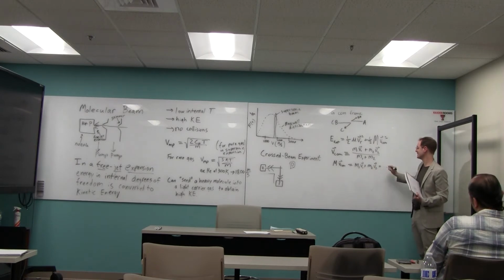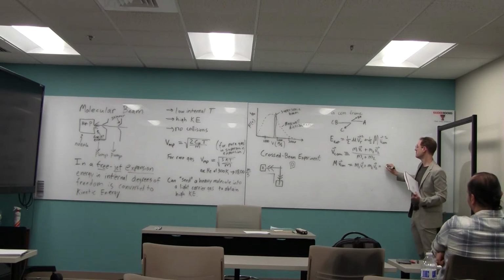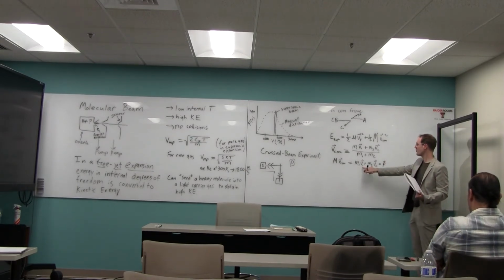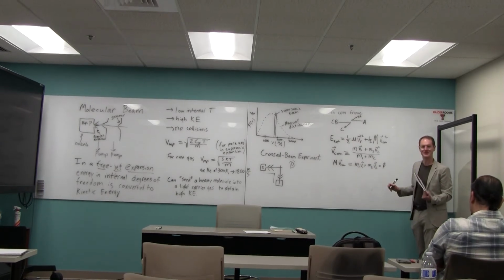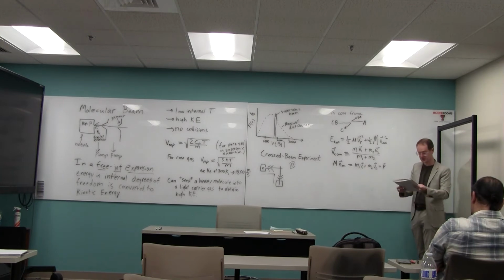What is this quantity? Momentum. This is the total momentum of the system. If your system is particle 1 plus particle 2, then this is the momentum. And momentum, as long as there's no external forces, is a conserved quantity.